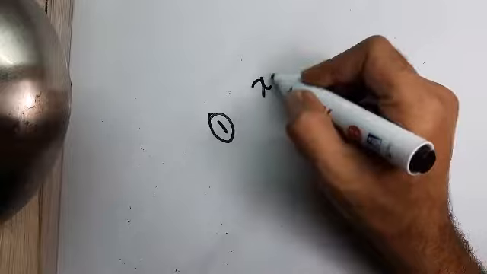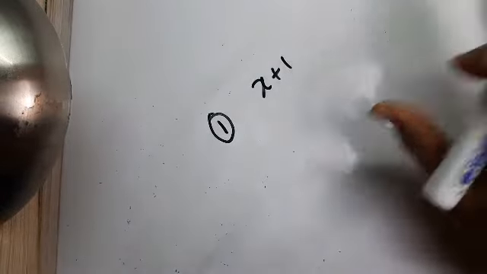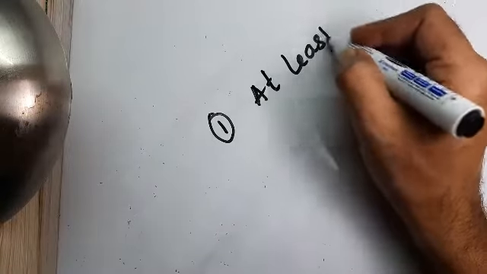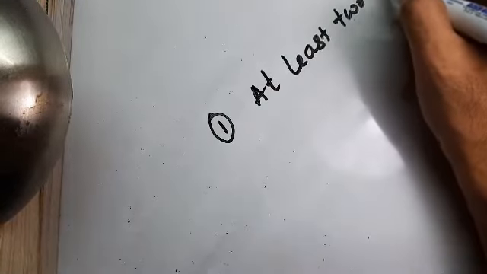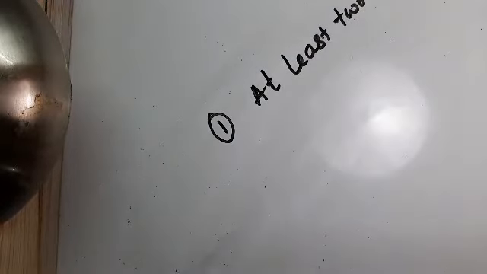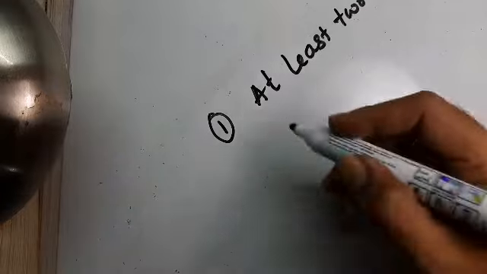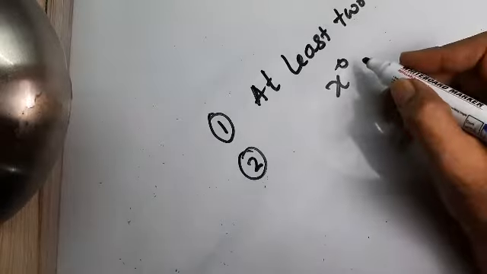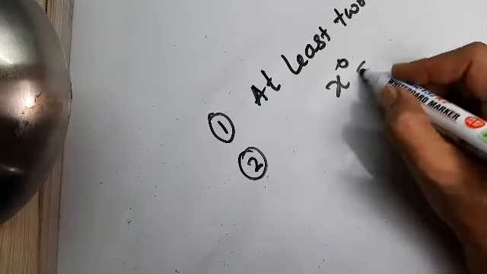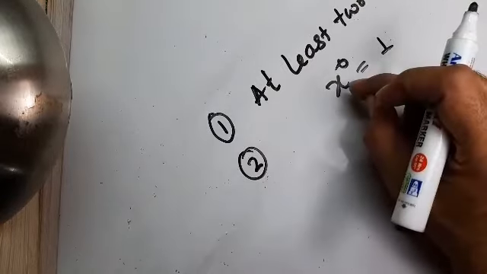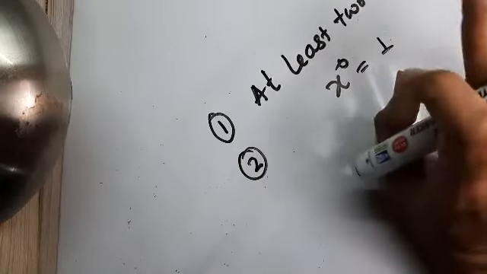Two, the coefficient of the term x raised to 0 should be 1, that is, this term should exist in the polynomial.